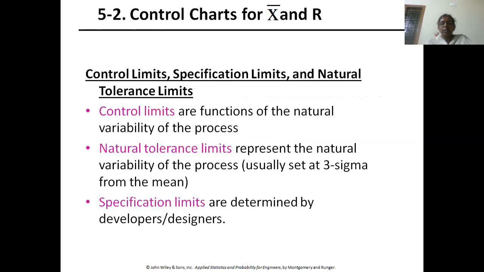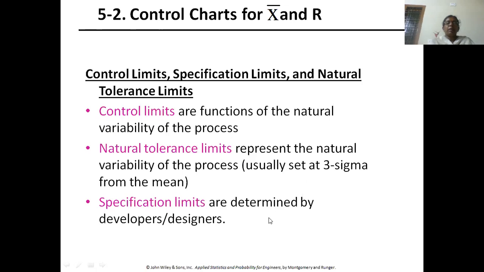In the previous slides, I mentioned specification limits. Here I'll tell you what specification limits are. In control charts, you have control limits, specification limits, and natural tolerance limits. Control limits are functions of the natural variability of the process. Natural tolerance limits represent the natural variability of the process, usually 3 sigma from the mean.